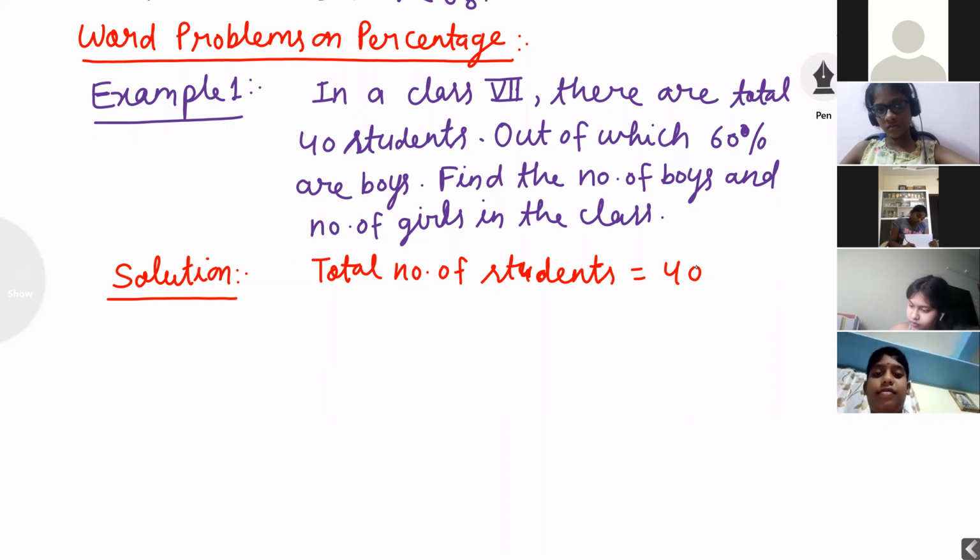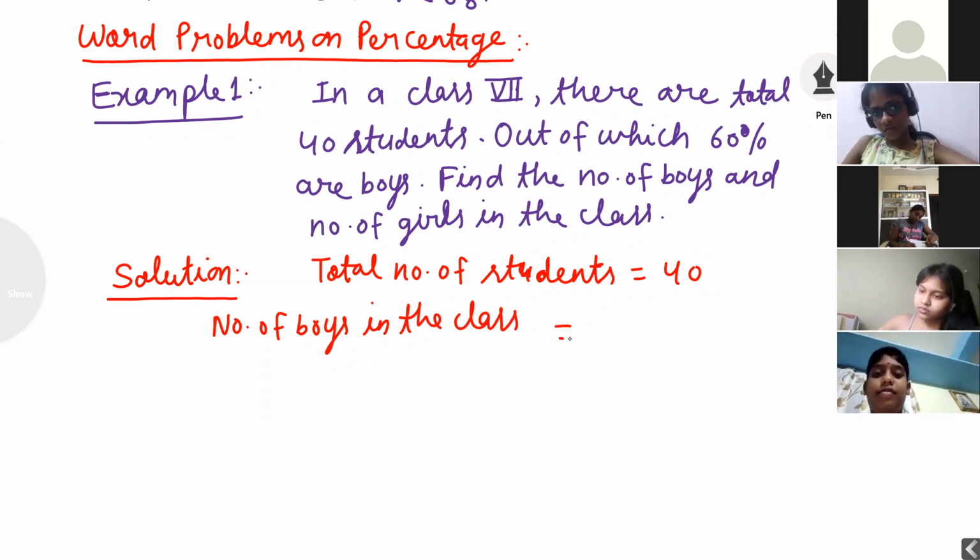Note down, number of boys in the class is equal to 60% of 40. Out of 40, 60% are boys.